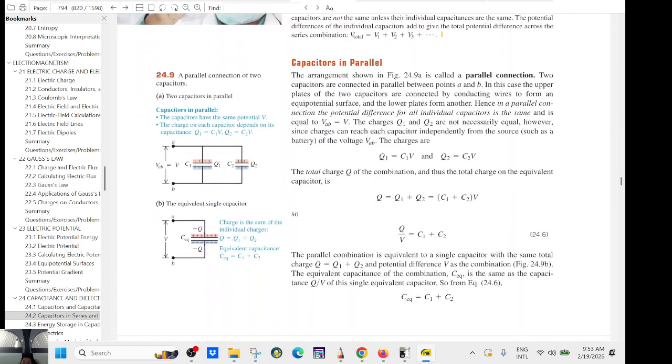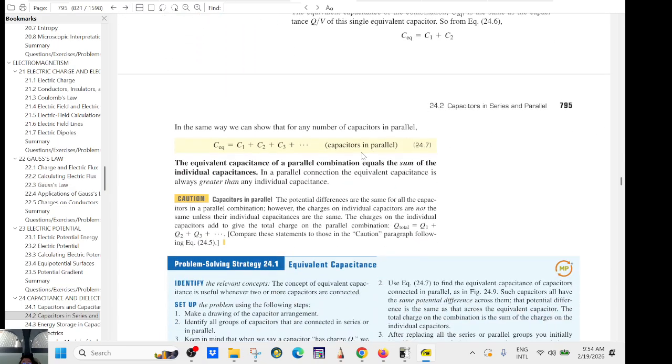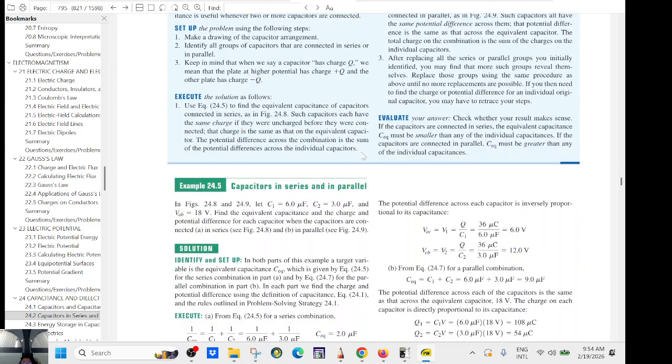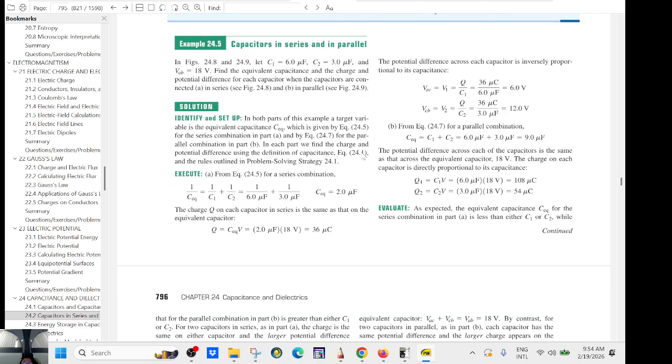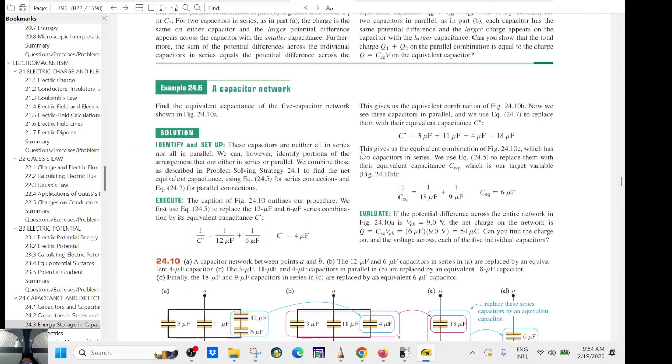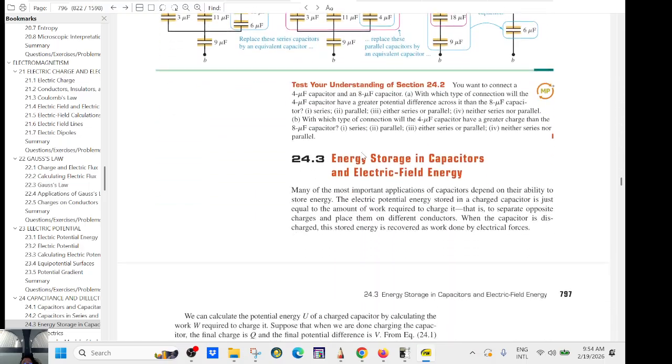In parallel, it will make it stronger, so the charges will add up, and the equation is that you add the capacitances. Everything happens as if you have one single capacitor and you add the charges. In series, in parallel, have fun. It's interesting.